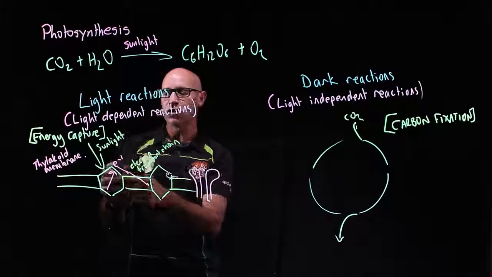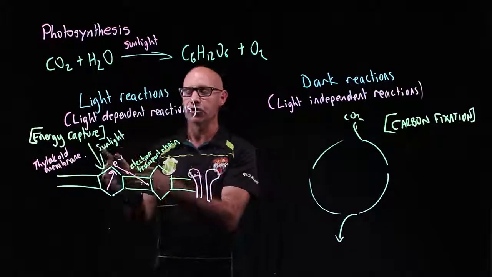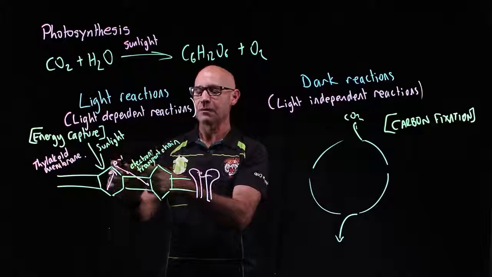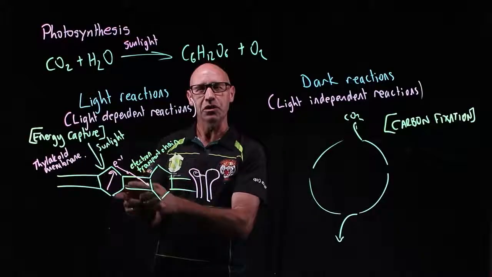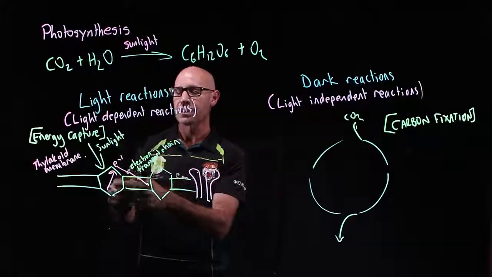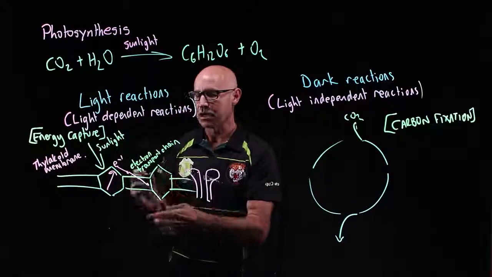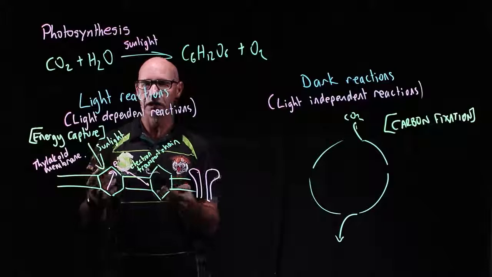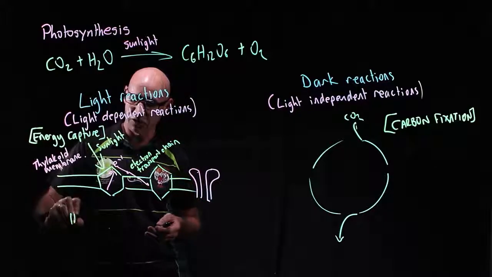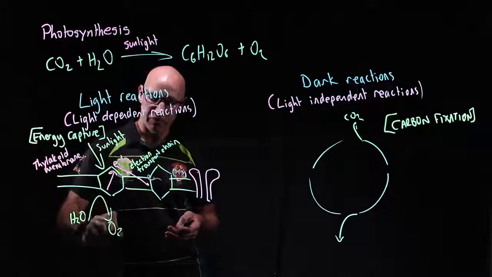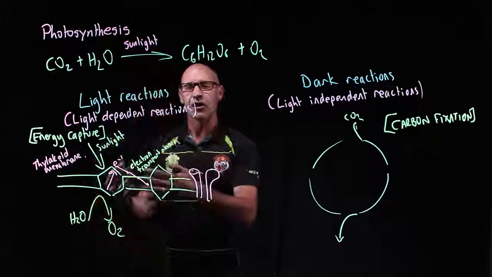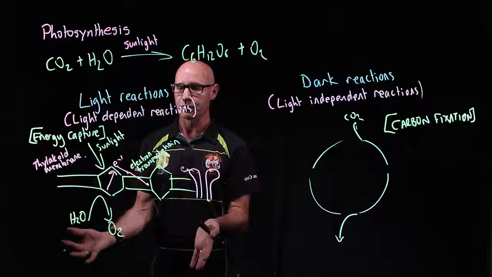We've ejected those electrons, and they're stepping down an electron transport chain, and we need to actually replace the electrons in the chlorophyll. So we do that through splitting of water. We've got water, and that splits to produce oxygen, and that oxygen is then a waste product.